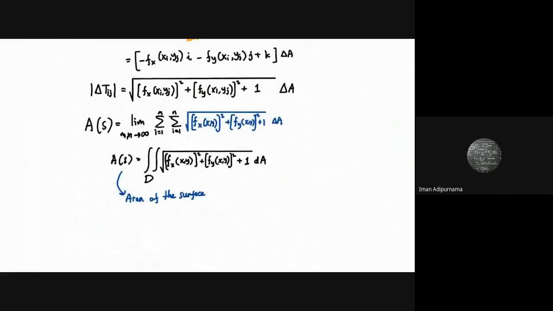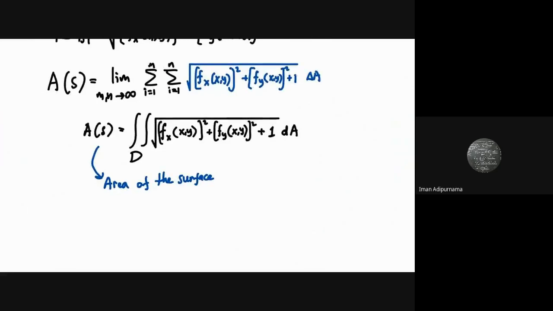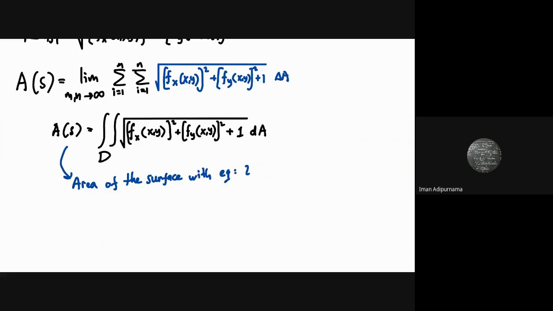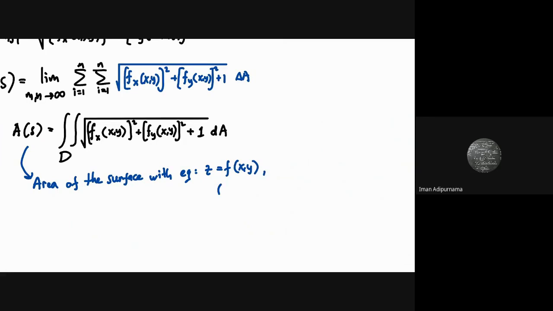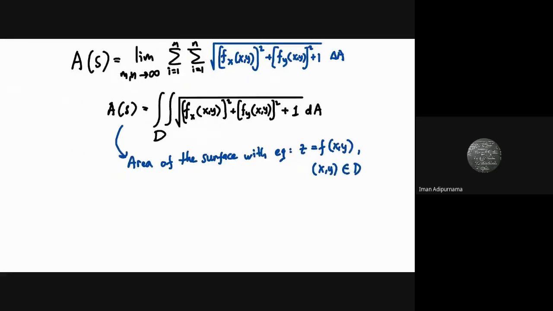Okay, let me just add some notes here. The area of the surface with equation z equal these functions, and the points are in its domain where the partial x and partial y both are continuous.